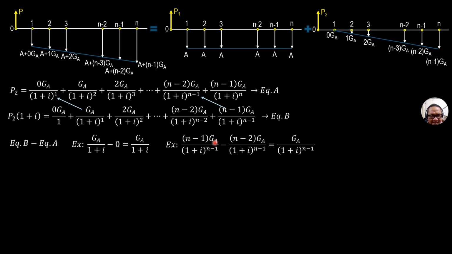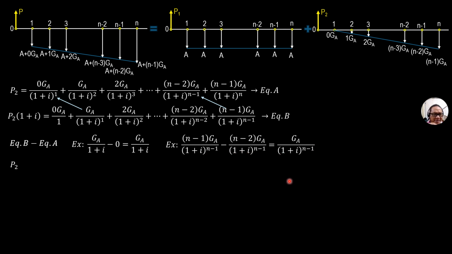So take note, we have n G sub A, then negative n G sub A, so cancel n G sub A. Negative G sub A and negative of negative 2, so positive 2 G sub A, so that's why 2 G sub A minus G sub A is G sub A, then divided by this common denominator, so it's the same.